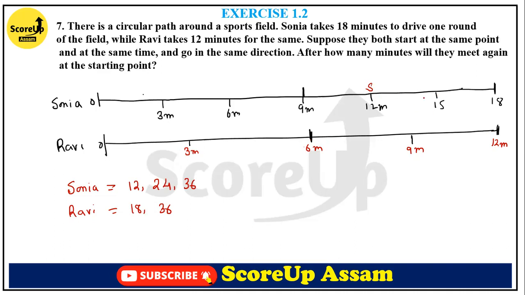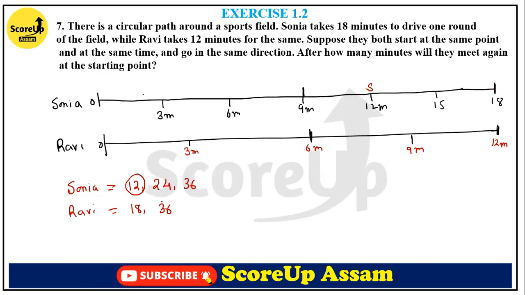See, there is a lot of difference. Now at 18 minutes, Sonia will complete one rotation, and at 18 minutes, Ravi will complete 1/3.